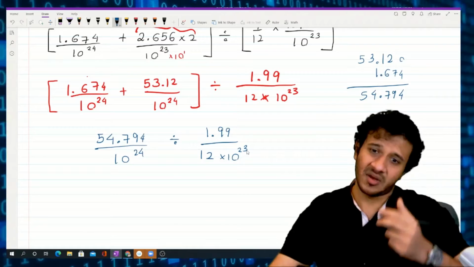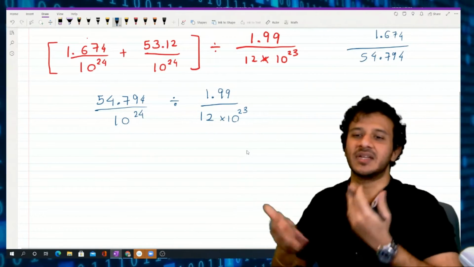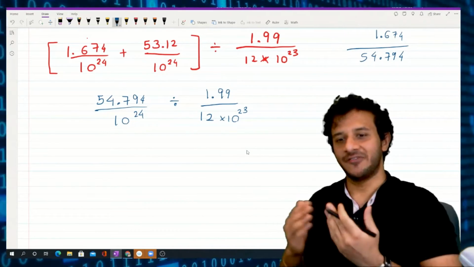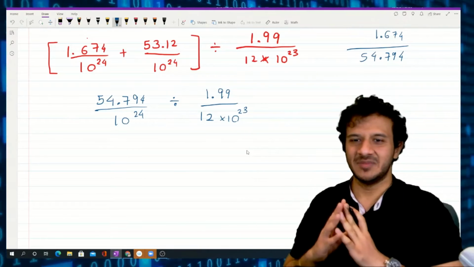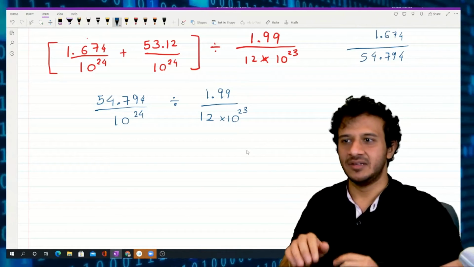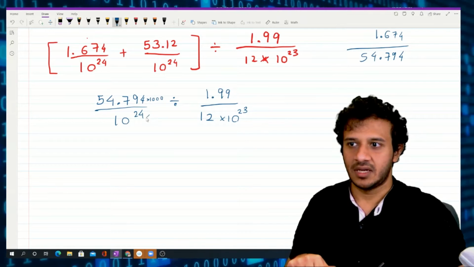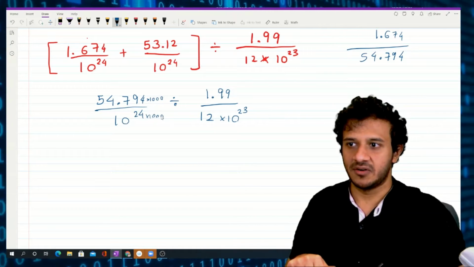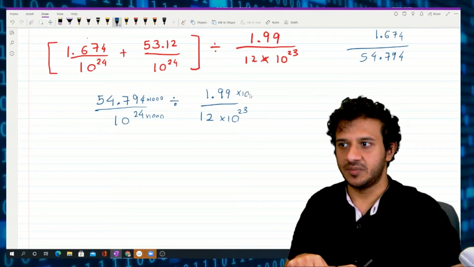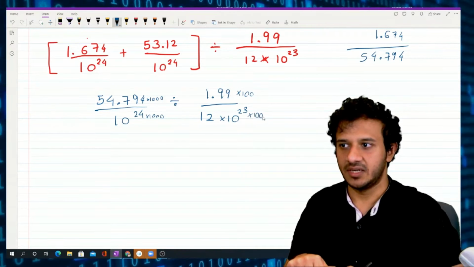Now guys, come on, this is a fraction question kind of. I created it into a fraction question. So having decimals will make our life a little bit hard. So what will I do? I will multiply up here by 1000 and here by 1000, that means 10 to the power of 3. Multiply up here by 100, multiply down here by 100.